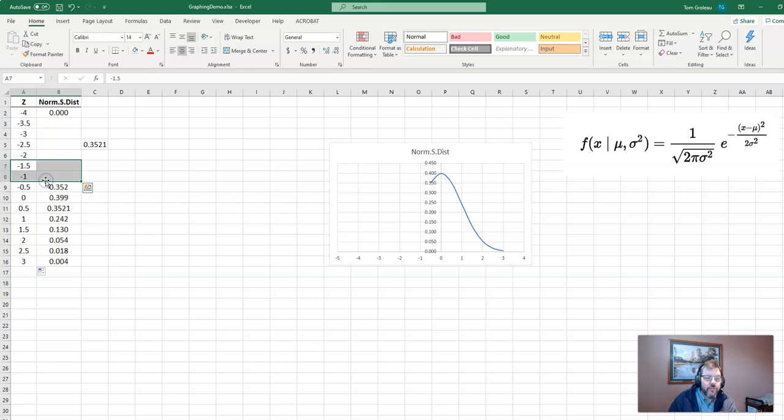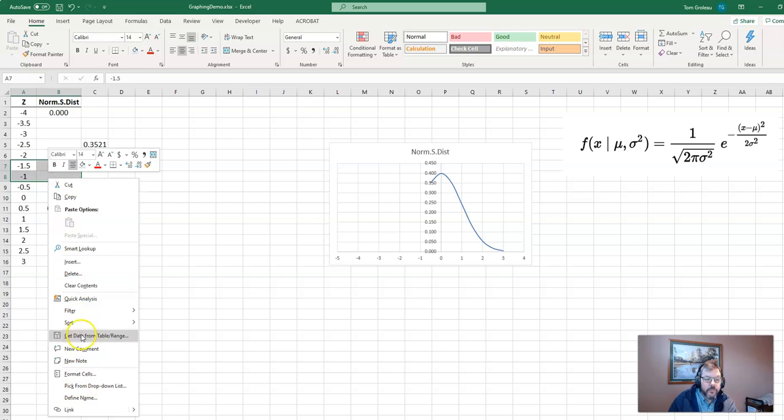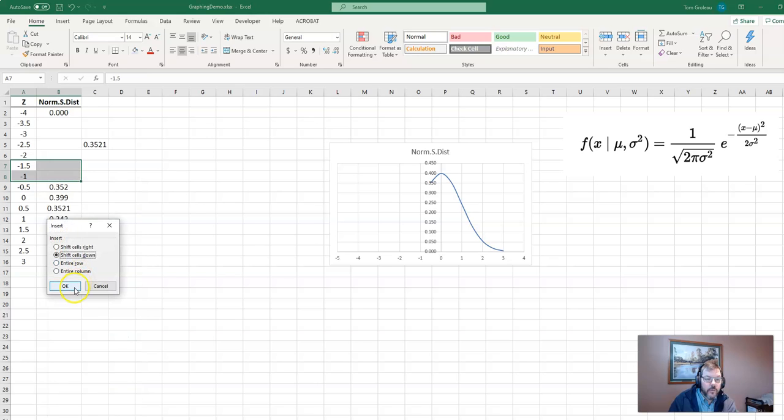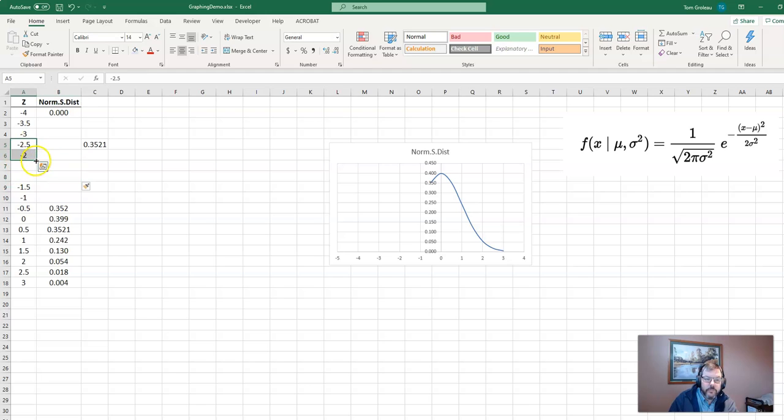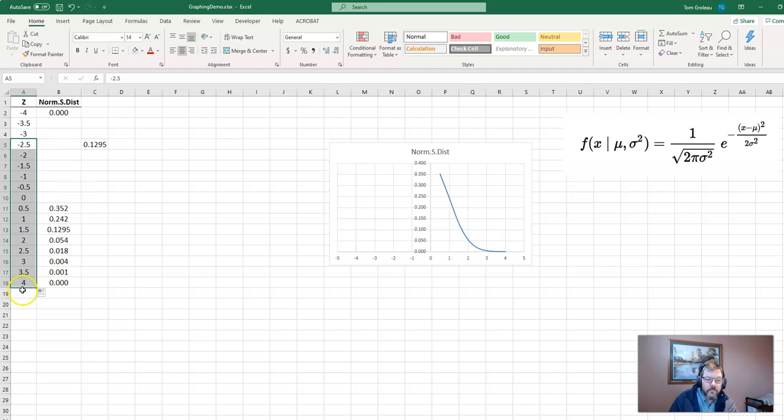Now, why am I inserting these? I'm inserting these so I don't have to redo the graph completely. By inserting, when I go back to here to select the data, it does the insert for me. Okay, now I've got -4.